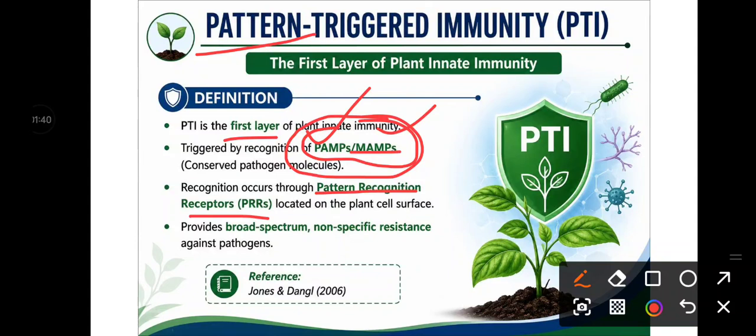If it is not causing any harm or disease, like Rhizobium, which is also a microorganism, a bacterium, but it does not cause disease in plants and helps in symbiosis and nitrogen fixation, it is a beneficial microorganism, not a pathogen. So all MAMPs are not PAMPs.